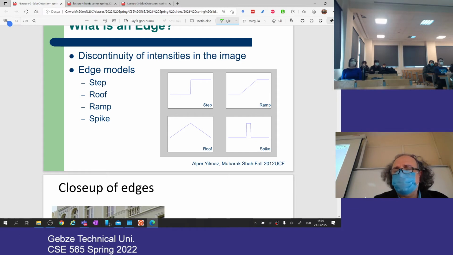Sometimes a gradual increase and gradual decrease, roof edge. Sometimes there are spikes, like something goes up or down suddenly. Okay, suddenly. So whatever we develop, it should capture all of these kind of edges. Again, these are one-dimensional, but if you visualize in two dimensions, we get similar stuff.